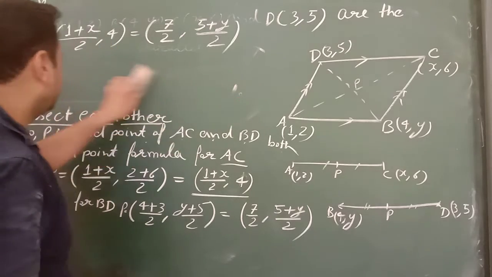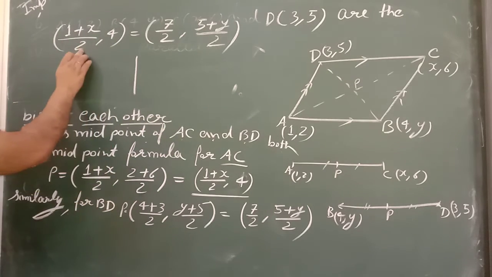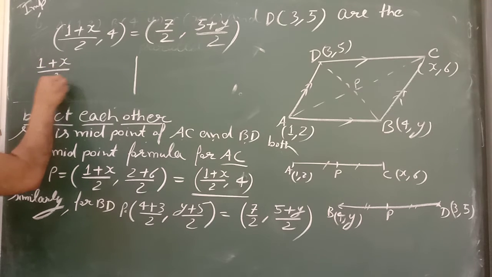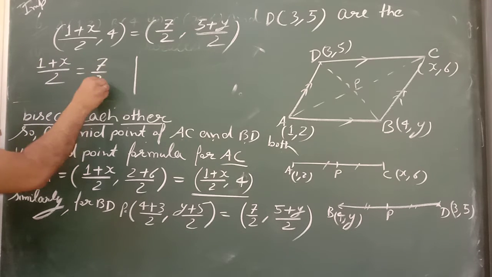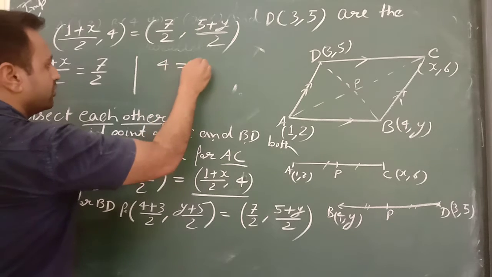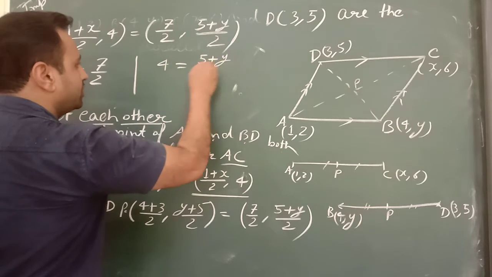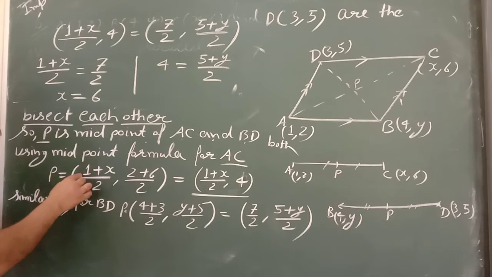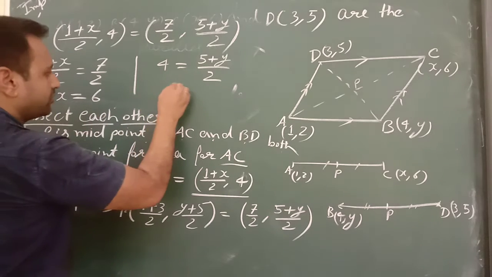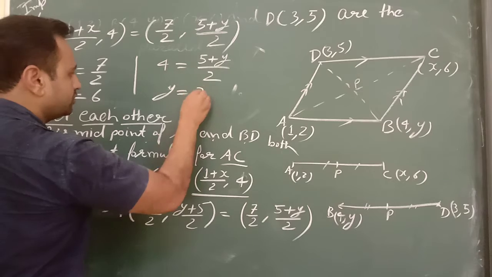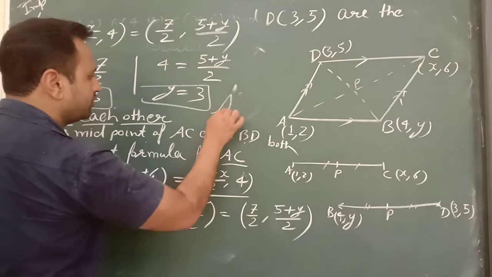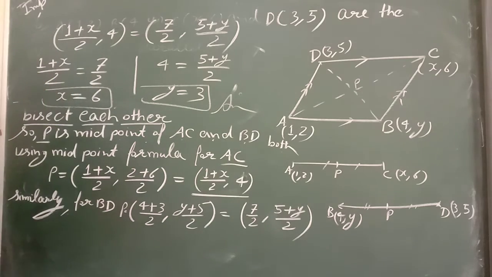Now comparing abscissa with abscissa and ordinate with ordinate, after calculation x is equal to 6 and y is equal to 3. So it's the answer of the question: x equal to 6 and y equal to 3.